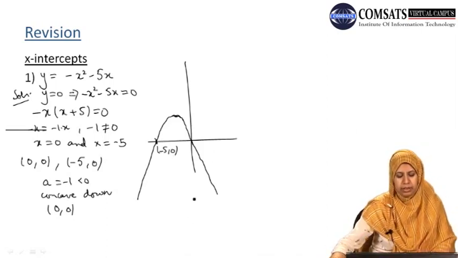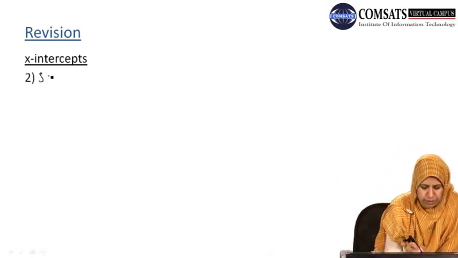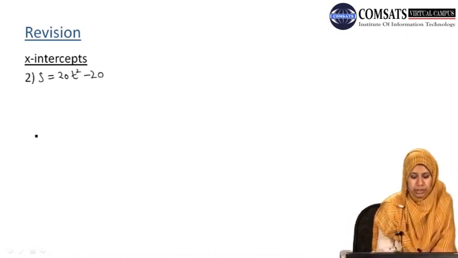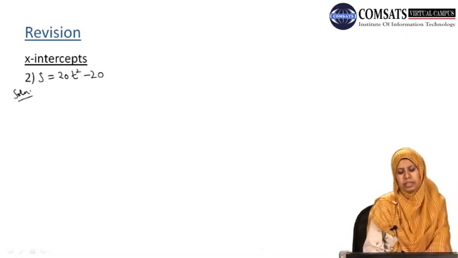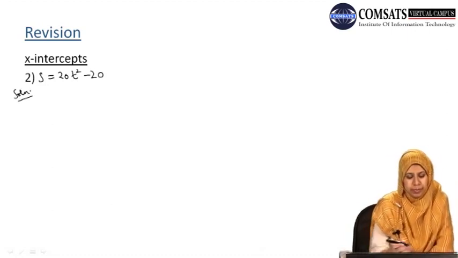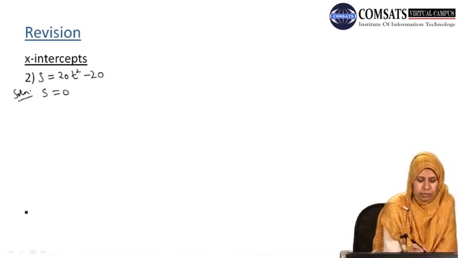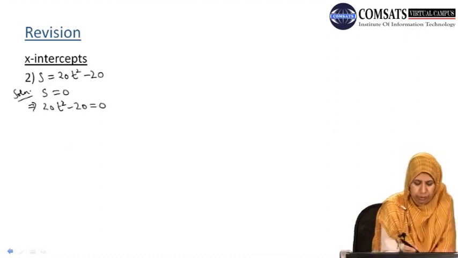Okay, we do the same thing with our second example, which was s is equal to 20t square minus 20. The first thing is that we have to find the x-intercepts. To find the x-intercepts, again we put s equal to 0, which gives us 20t square minus 20 is equal to 0.